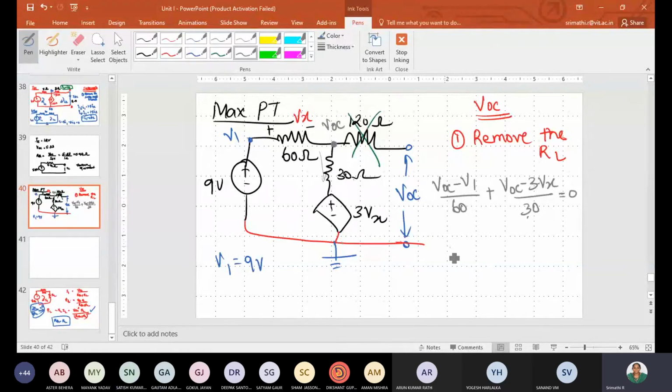What is Vx? V1 is at higher potential according to the polarity given. So V1 minus VOC, by 60. Okay. Substitute for your Vx in the above equation.